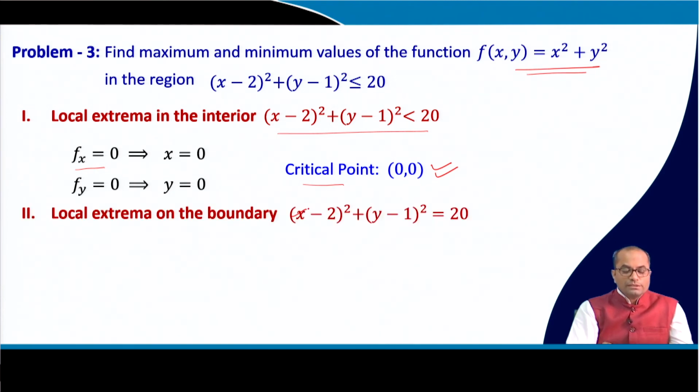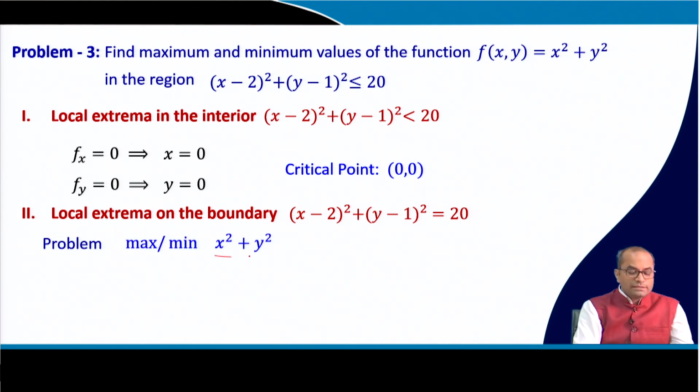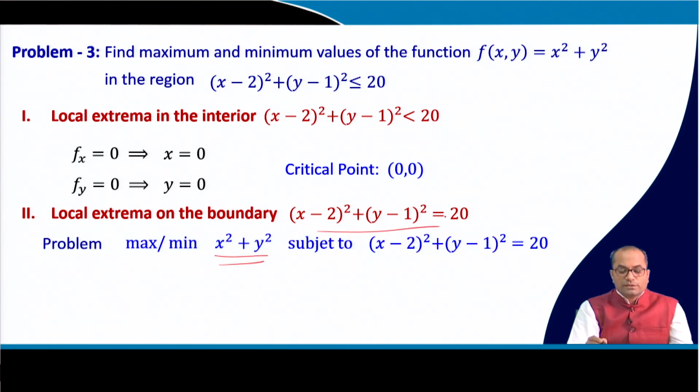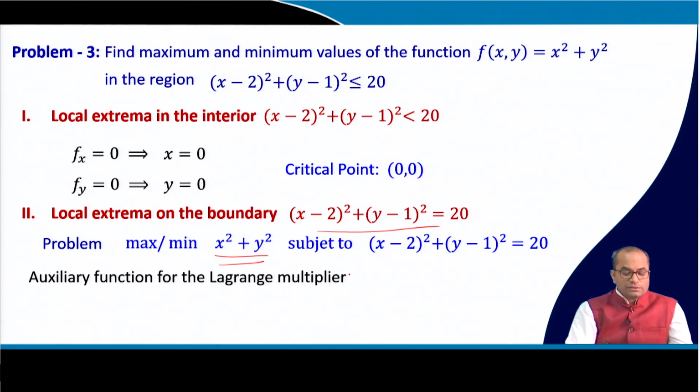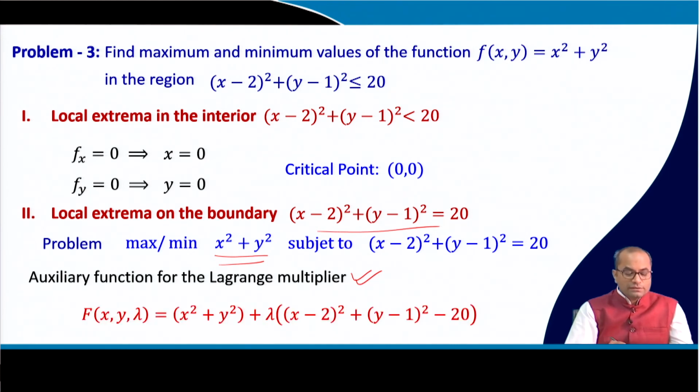Now, at the boundary, we will maximize or minimize this x² + y² subject to this restriction on x and y. That means, using the Lagrange auxiliary function, we can get all the critical points.